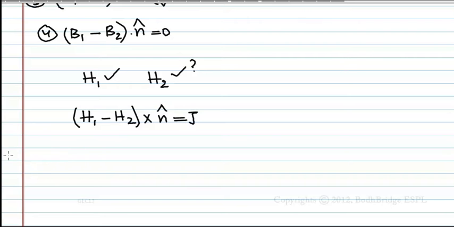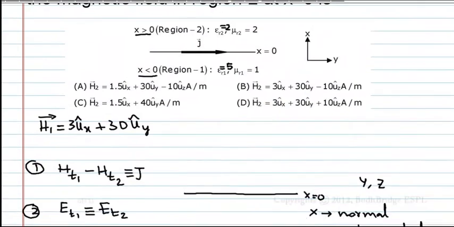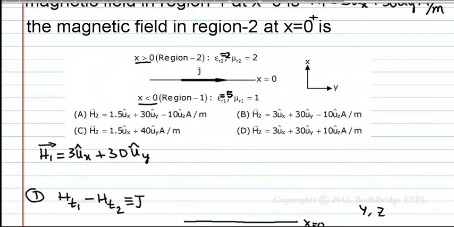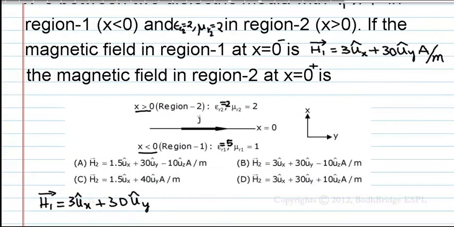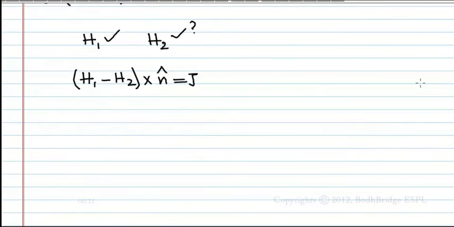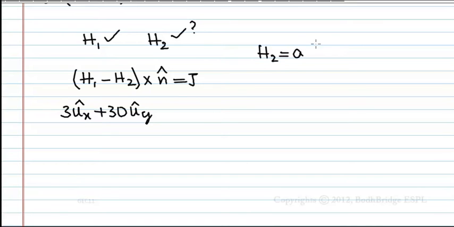Let us say H1 is given as 3 ux plus 30 uy. Let us say H2 equal to a ux plus b uy plus c uz.